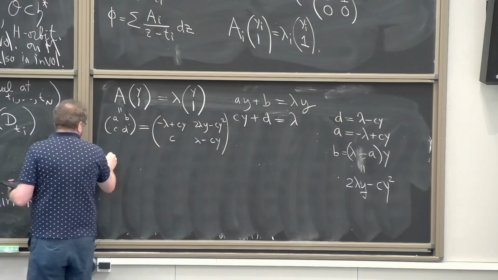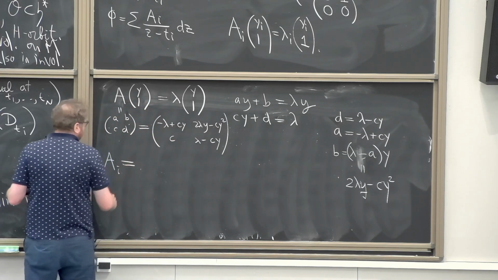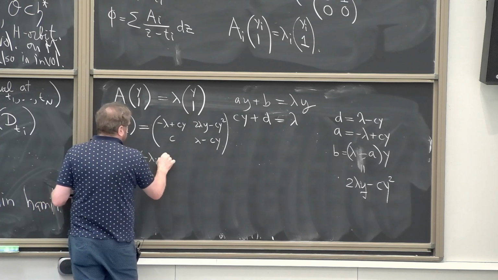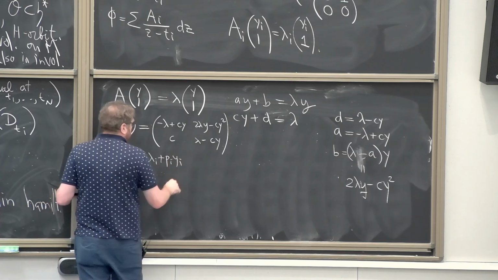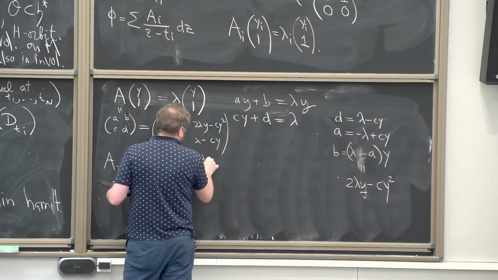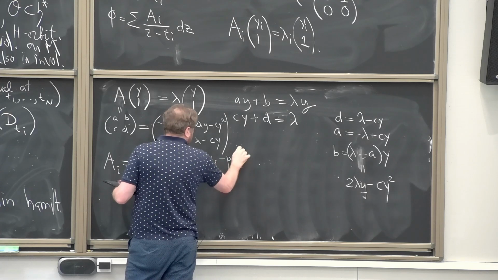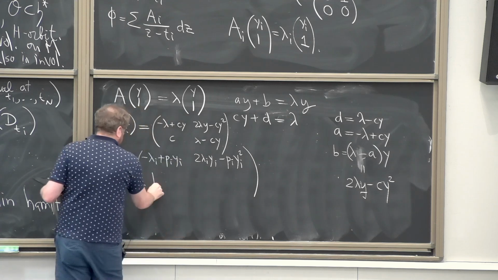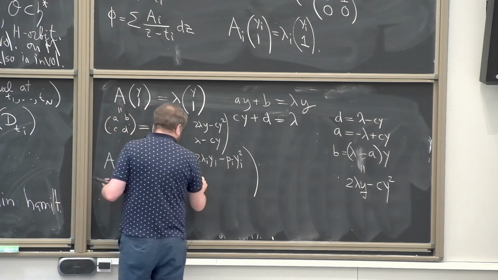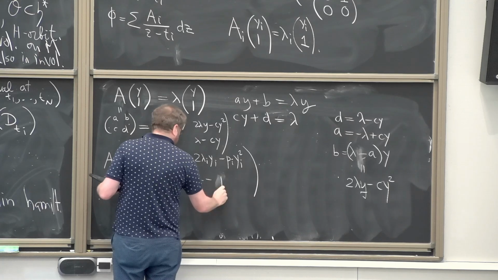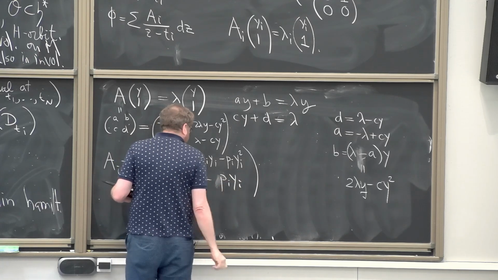And so this means that the matrices A_i are going to be as before, but with these lambdas. So minus lambda_i plus p_i y_i, 2 lambda_i y_i minus p_i y_i squared, p_i, and lambda_i minus c minus p_i times y_i.